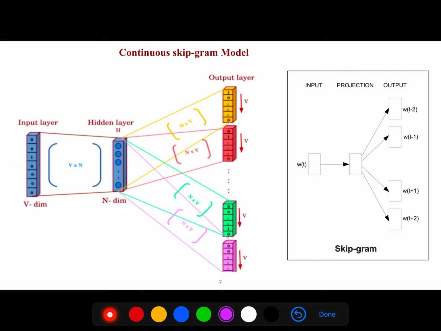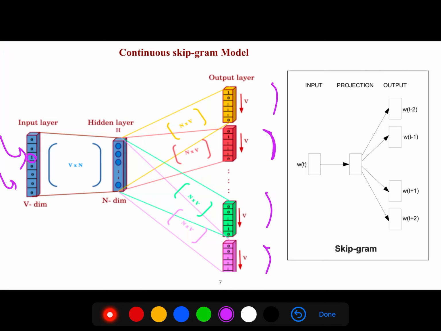But in skip-gram, it is the opposite. You give the center word, and what you receive is the context words. At first, what you give to the model is the one-hot representation. For example, everywhere it is 0 except 1 at the index of the word that you are giving it.